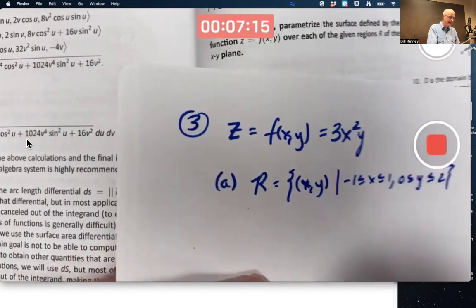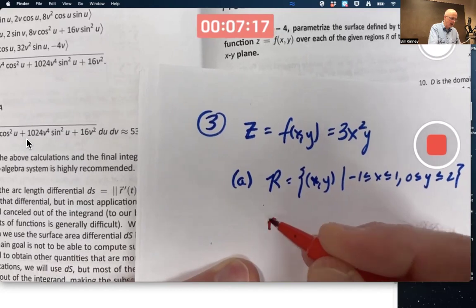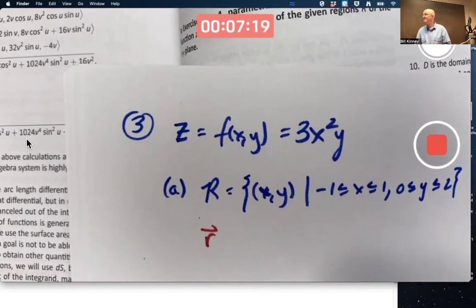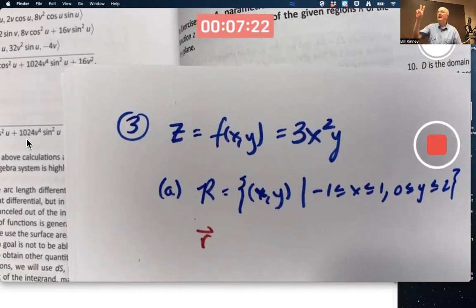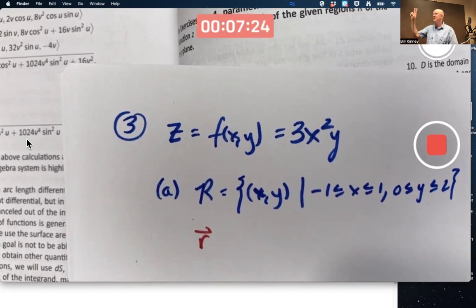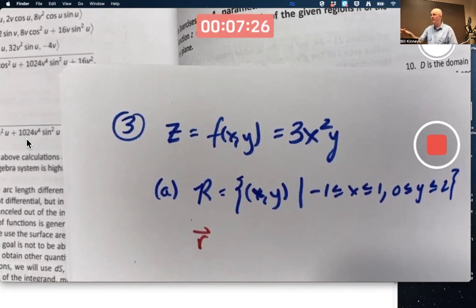What we're after is a little r function, a vector function, of, again, 2 parameters, call them U and V, instead of 1 parameter T. This is a surface, not a curve.